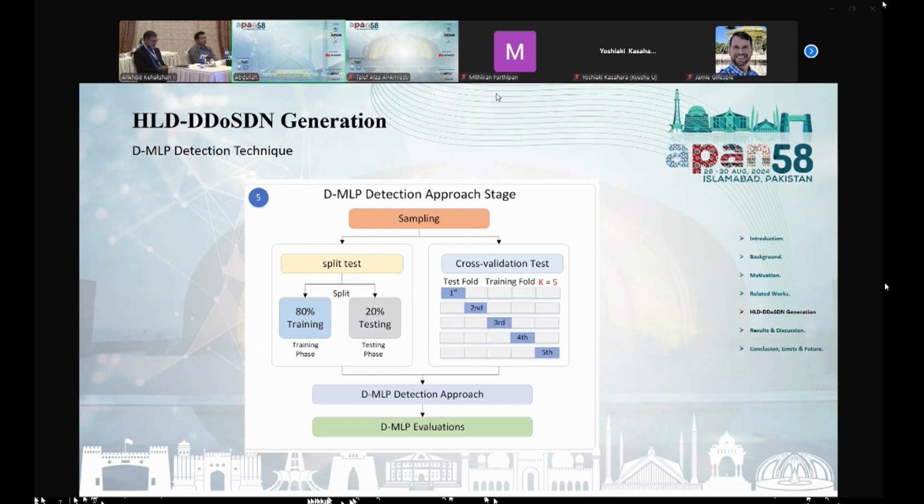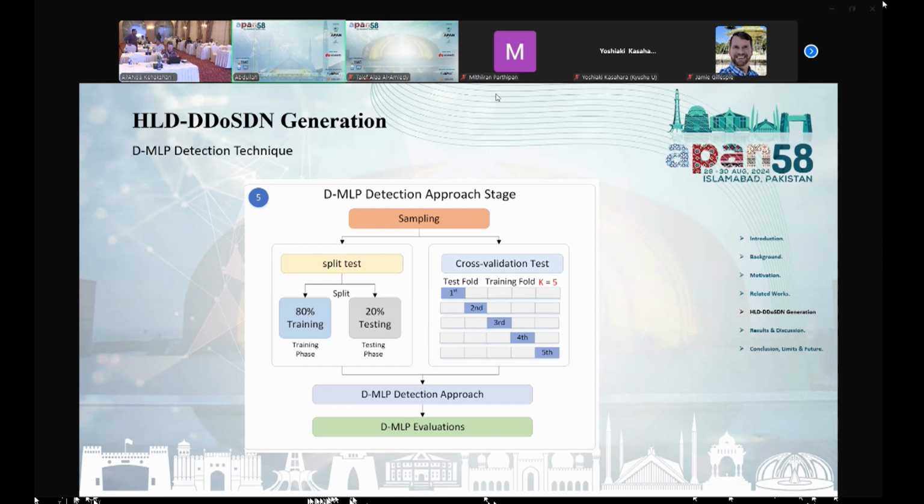The second is the cross-validation technique. This technique is critical for model evaluation as it involves training and testing on different subsets of the overall dataset. Considering both techniques results in a more robust approach performance assessment compared to solely relying on the split test technique.